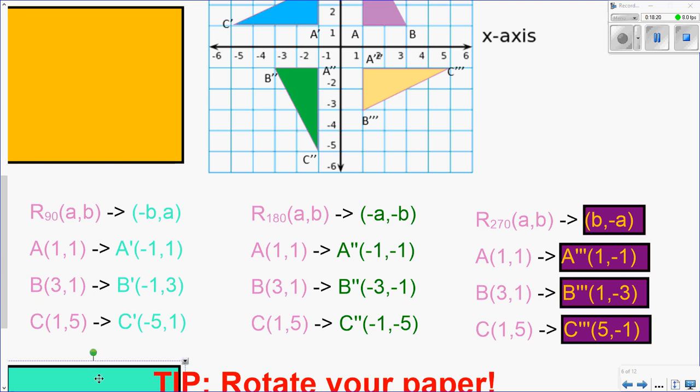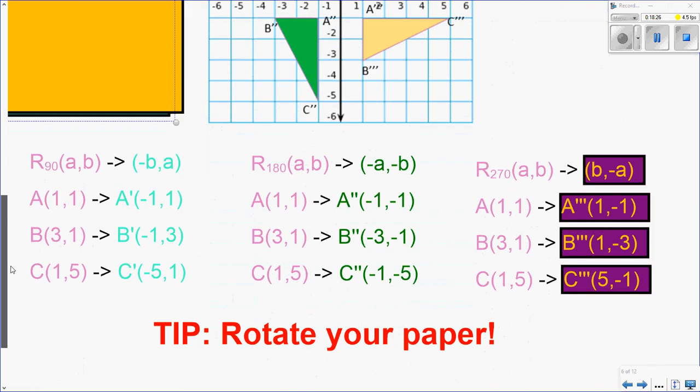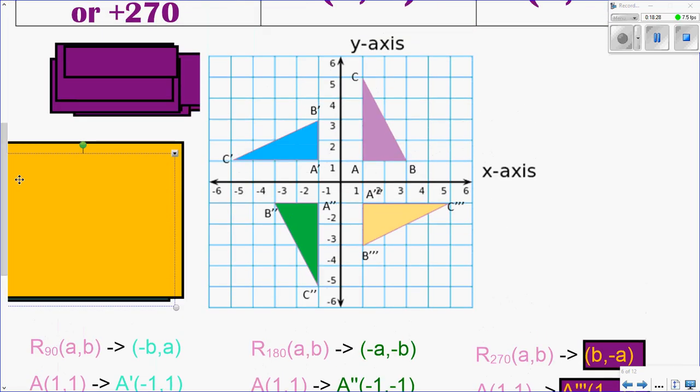So again, you either memorize the formula or use the trick that I told you. Take that paper, like your homework paper, and see where the image is. If they ask you to do a 90-degree counterclockwise rotation, you turn it to the left, one turn, and see where the points are on that graph.